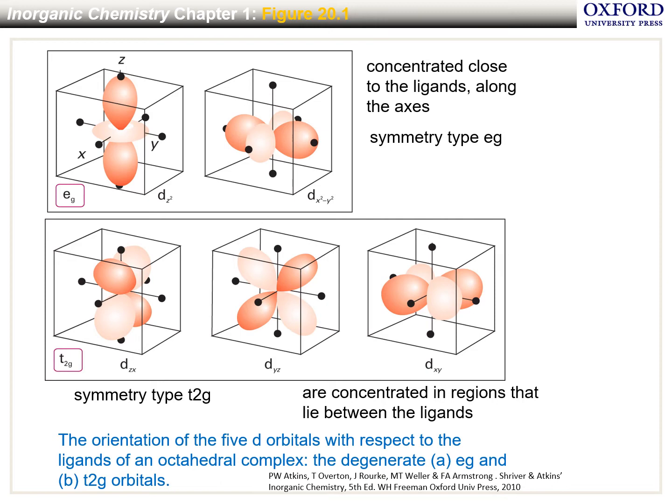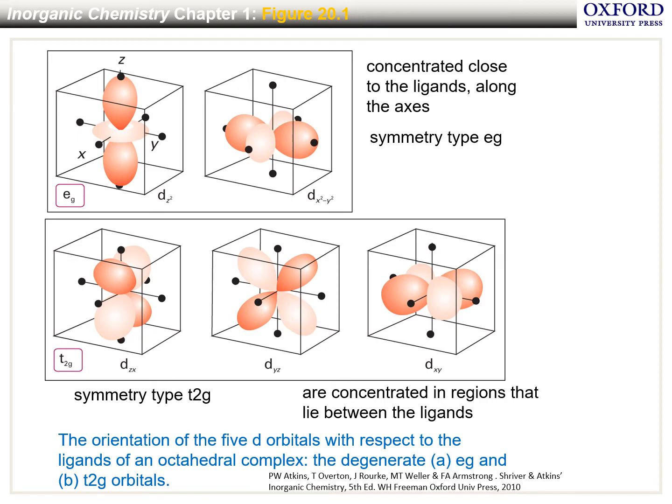As a result, the dx squared minus y squared and the dz squared orbitals would have eg symmetry, as they are directed at the surrounding ligands, and are raised in energy. The dxz, dyz, and dxy, on the other hand, have t2g symmetry, which is directed between the ligands and are relatively unaffected by the field.